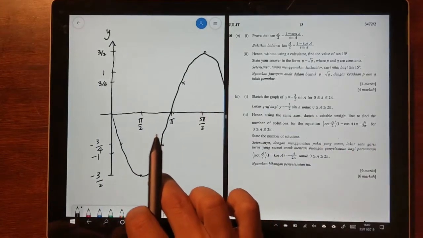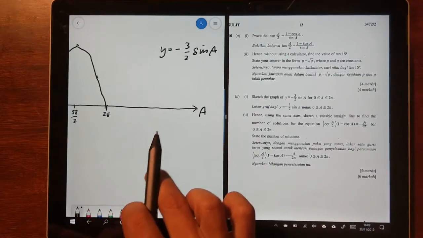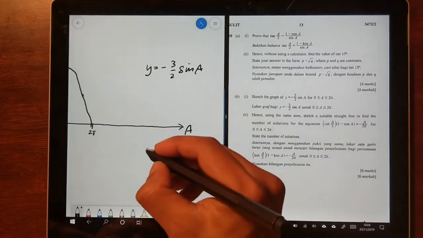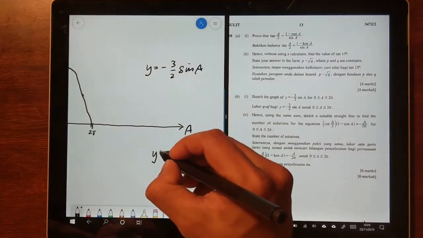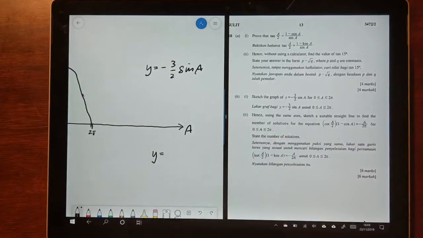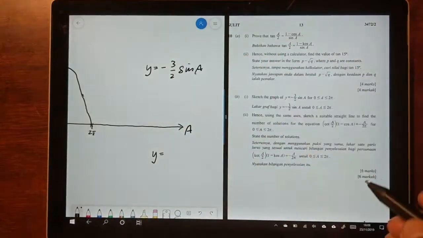So we have the left-hand side. If we draw a graph that says y equals minus 3 over 2 of sine A, we've got this graph.